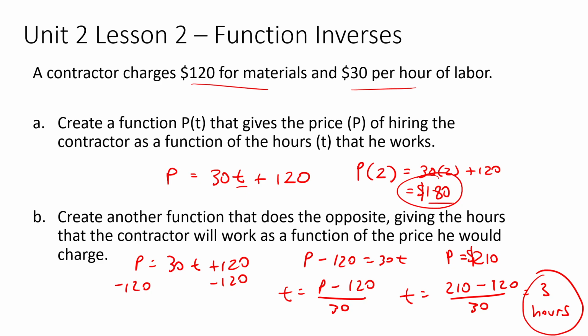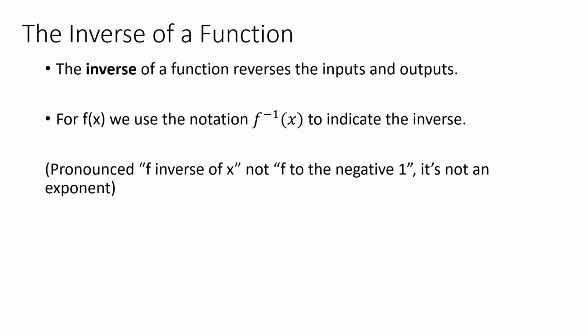Okay, so this idea we call a function inverse, or the inverse of a function. And the best way to have the definition in your mind is: an inverse reverses what the input and output do. And we're going to see that theme as we go through this. Anytime we're trying to figure out what an inverse does, we're going to do what we normally do, but backwards.